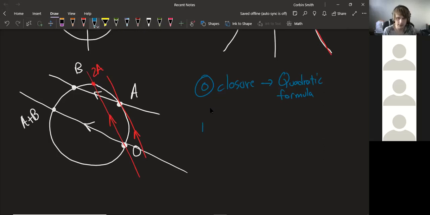And so now we have to answer identity. We want O to be the identity. So if we take the line through O and A, and then we translate it back to itself and we see where it intersects the circle apart from O, then we just get A back. So O is actually the identity.